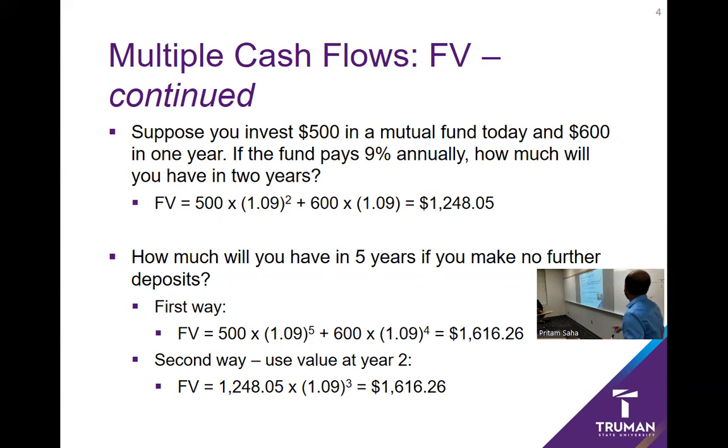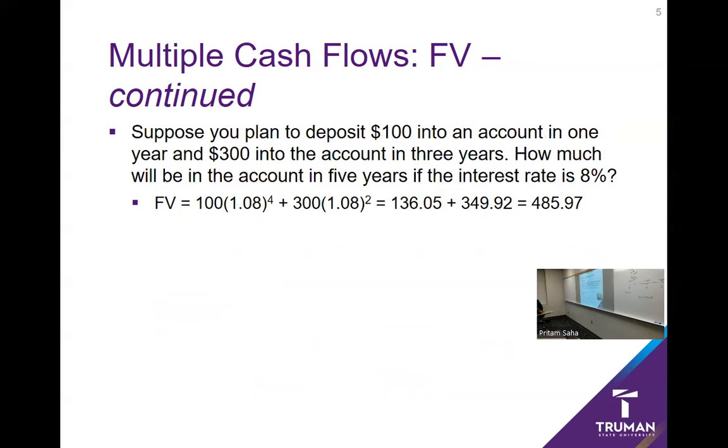On the financial calculator, for each of these cash flows, 500 and 600, just play with the N, the rate should be the same, present value changes, calculate the future value, and then sum them up. Questions so far? Same thing, go over it when you're at home.